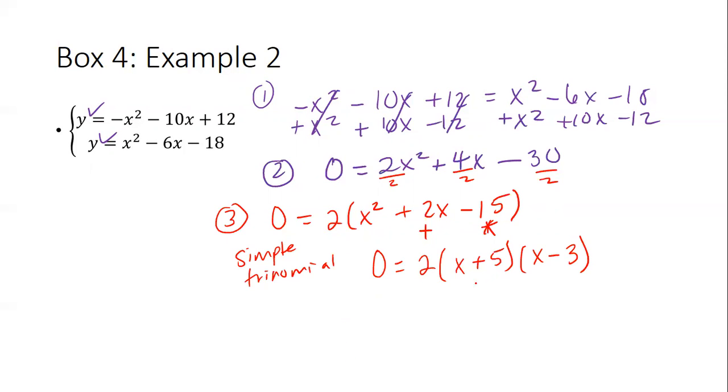So to solve, I know that x plus 5 equals 0 and x minus 3 equals 0. So my x's are x equals negative 5 and x equals positive 3.